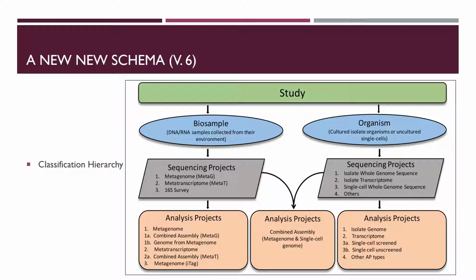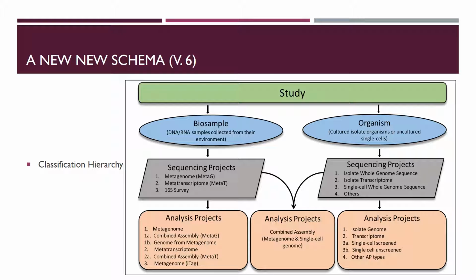Okay, so this is version 6, which, as you can see, is really similar. It still has study at the top, and biosample and organism are included, but it still means just biosample, essentially. And then below that, sequencing projects, and below that, analysis projects. Tiny differences in the actual chart.